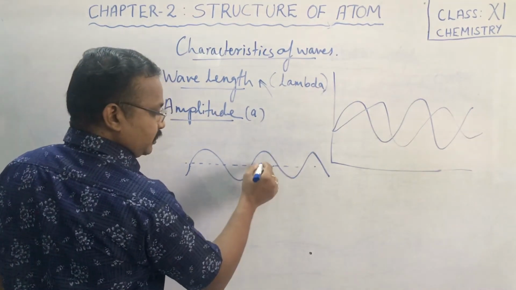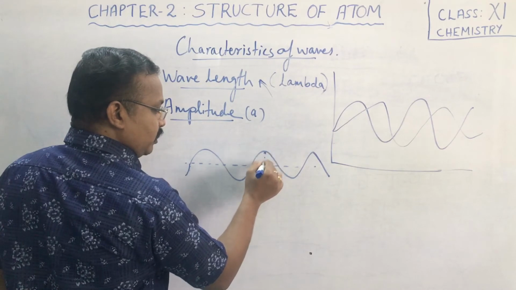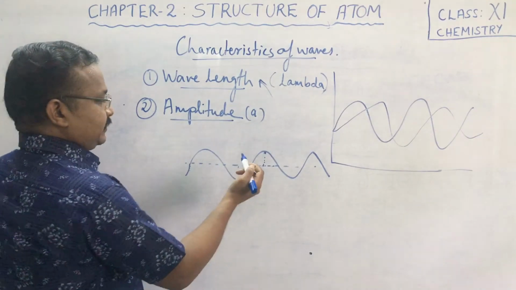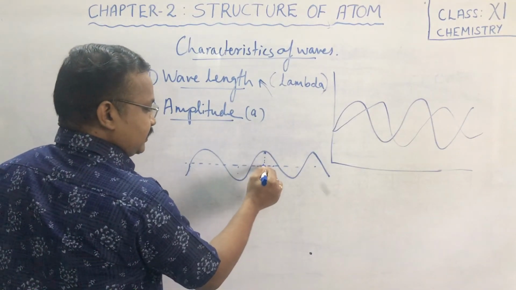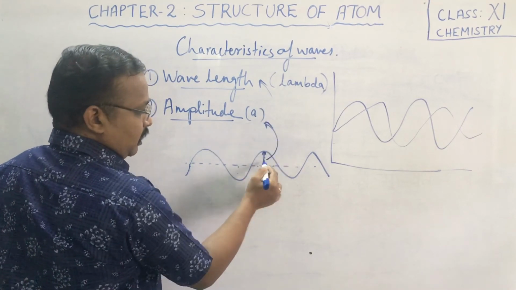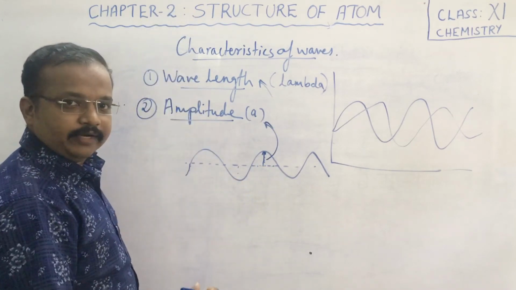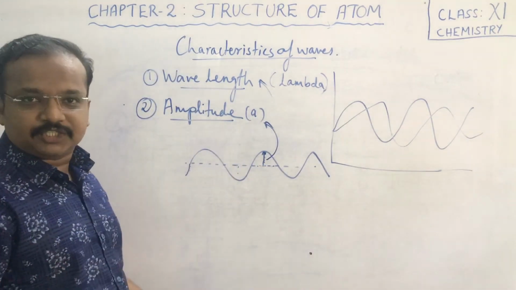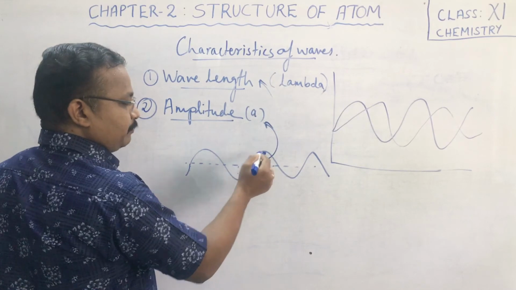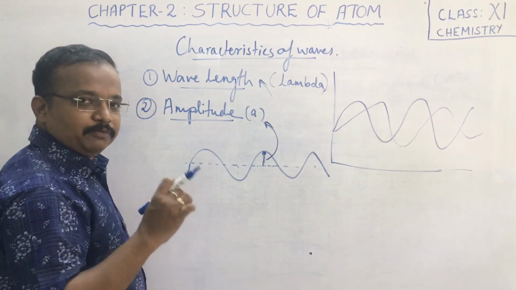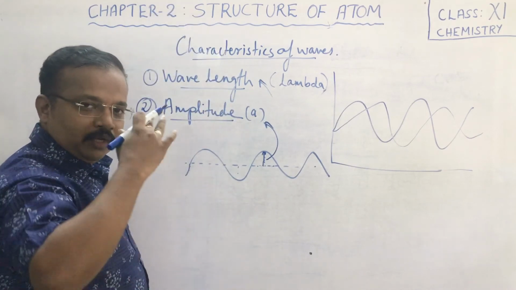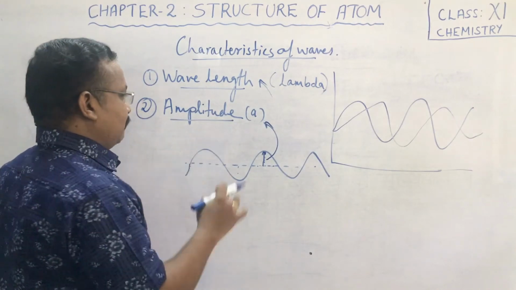Suppose this is the mean position, from which it goes upward or downward. That distance, children, is the amplitude of the wave, the distance travelled by a wave from its mean position. Mean position means midpoint of the wave, from which it goes upward or downward. That is called amplitude of vibrations.